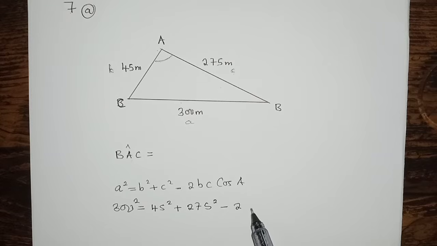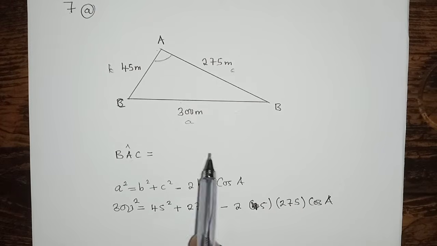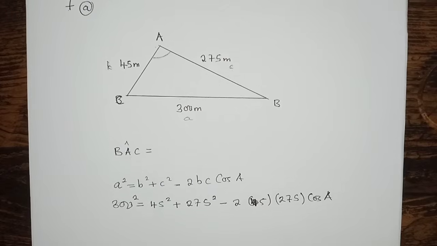Here 2, and over here we put 3. What are we supposed to put? It's 45. And here 275 cos A. So you just plug in the values. You can see they were put here.